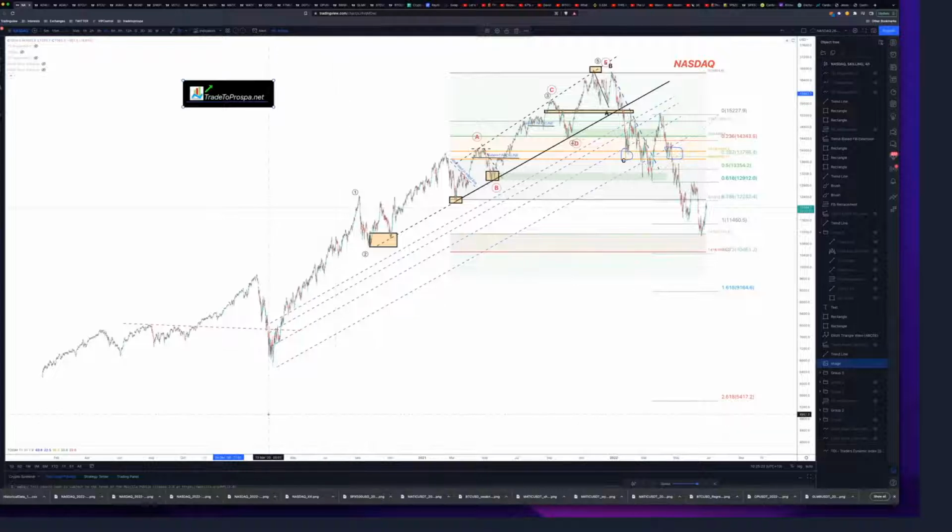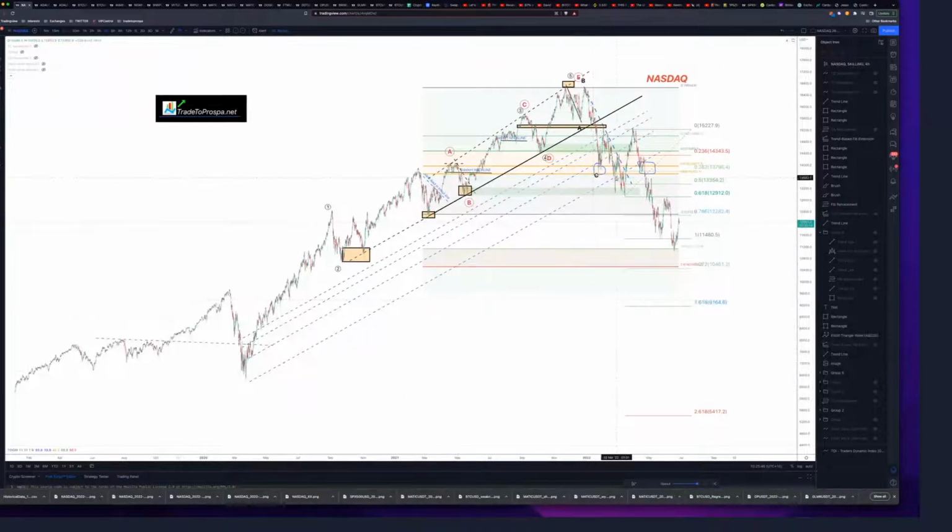Back down here in 2020, we had the COVID crash, and that was in line with Bitcoin, and that's a 30% drop. And then we had this rally with mass printing and basically cheap loans.